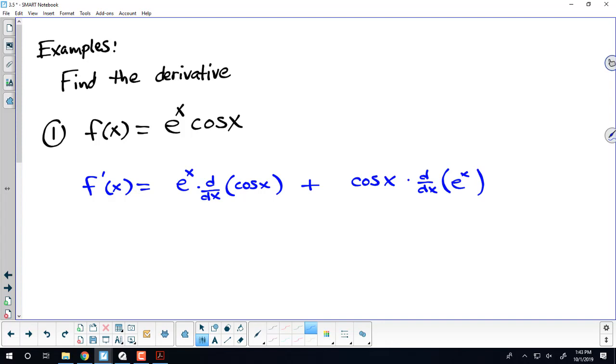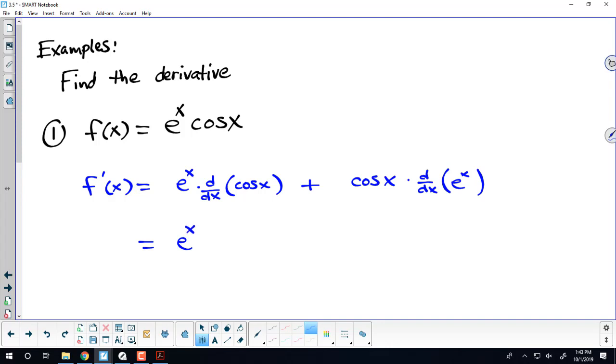Whenever a derivative pops up in the quotient rule, the product rule, etc., you should explicitly write it out. I think it's increasingly important once we move into 3.7 that you're doing that, because otherwise it becomes really, really hard to tell when do you stop taking a derivative. So that's just my recommendation.